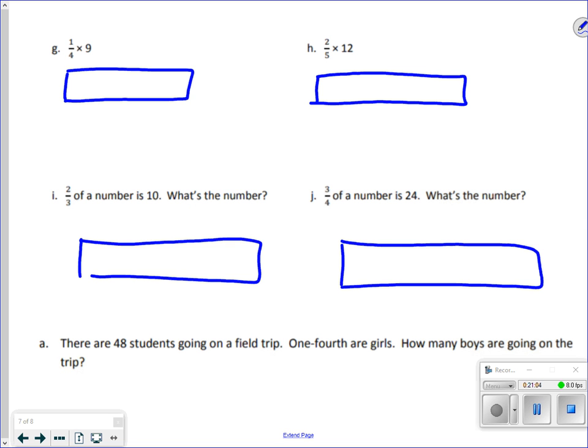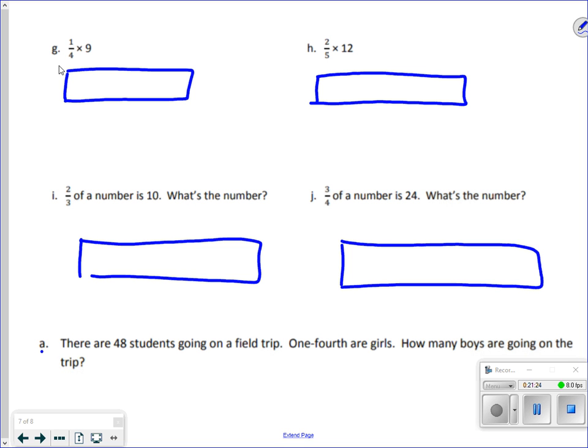And then down here on A, there are 48 students. Don't copy the problem, just work the problem. There are 48 students going on a field trip. 1/4 are girls. How many boys are going on the trip?